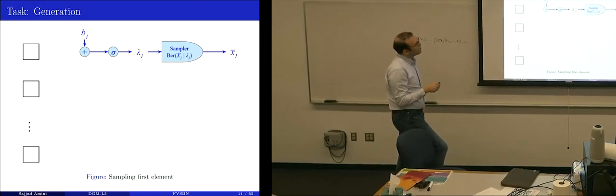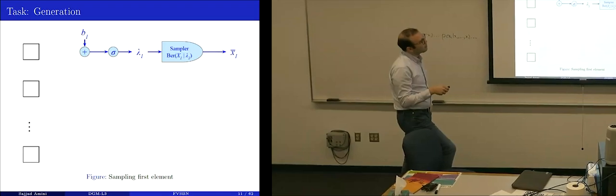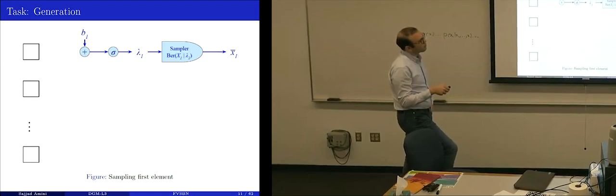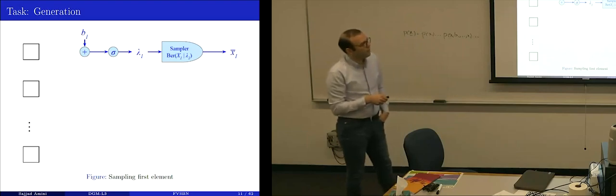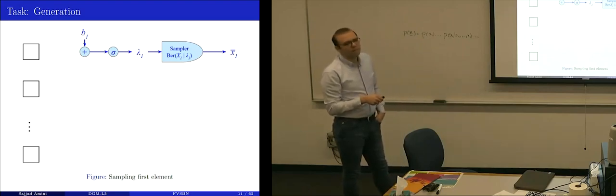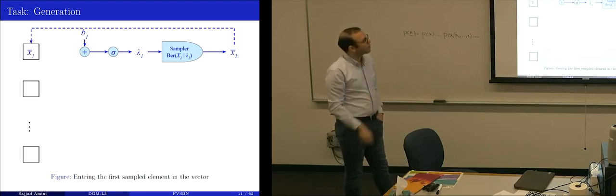So to generate a sample of x1, it is just needed to sample from this distribution. This is a Bernoulli distribution, and in the first session or maybe the second session, you saw how to sample from a Bernoulli distribution with a known parameter. So I can sample from this and generate x bar 1. So the first element of our generation is done.